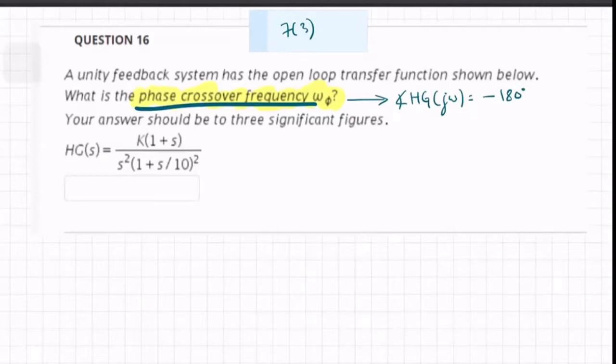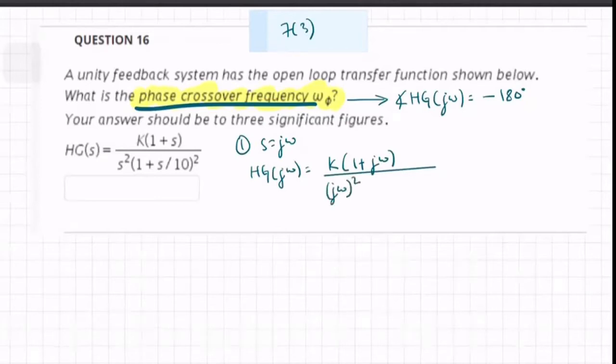Step 1: put s equals j omega in this transfer function. That gives us HG of j omega equals K times (1 plus j omega), divided by (j omega) squared times (1 plus j omega over 10) squared.